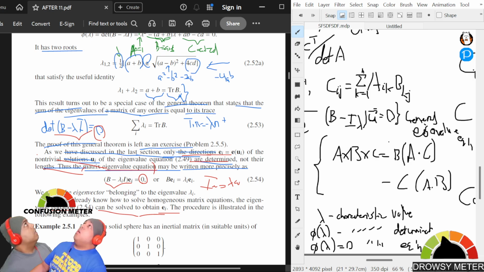To make it less misleading, we want it to be e_i. We're only promising to find the direction when we find the solution. So that's what we're doing here: e_i, lambda_i.